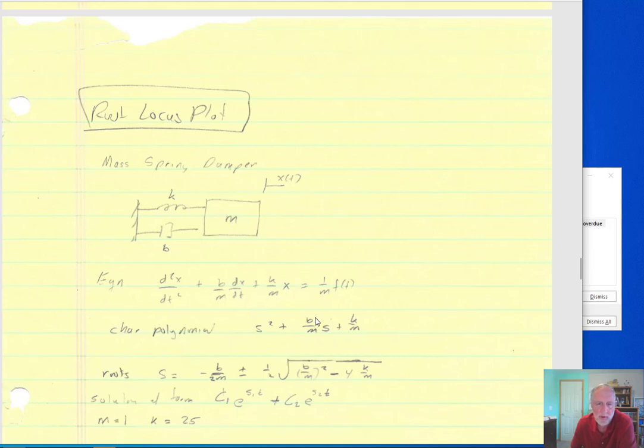All right, so we've really started doing what's called a root locus plot, which is how do the roots vary as a parameter in the system changes. And so we're going to look at just b, because we've already done b equal 12, and we've done b equal to 6, and we've seen that the response of the system changes depending upon what the value of b is.